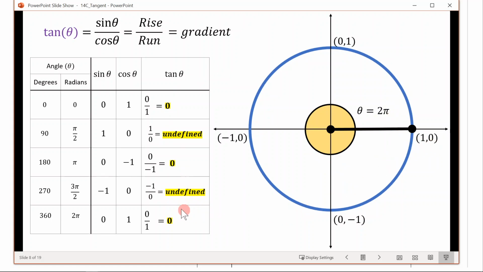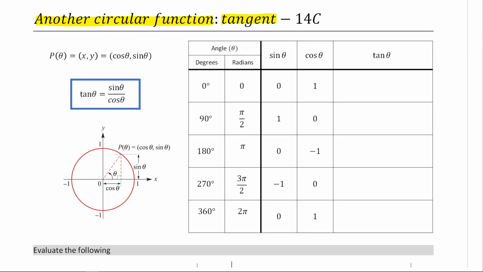So hopefully you filled those out, and you just have a good understanding of what tan is. Tan is sine over cos, and it can also be thought of as the gradient. Okay, so now having gone through that, hopefully you've filled out this table here. I might just quickly fill it out as well, just so you're 100% sure what you're writing down here. The first thing you're going to do is you're going to go, all right, it's this divided by this, 0 over 1 is 0.